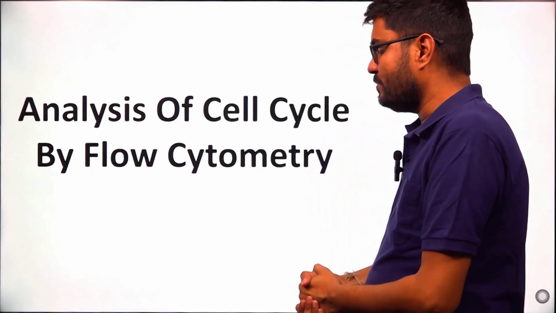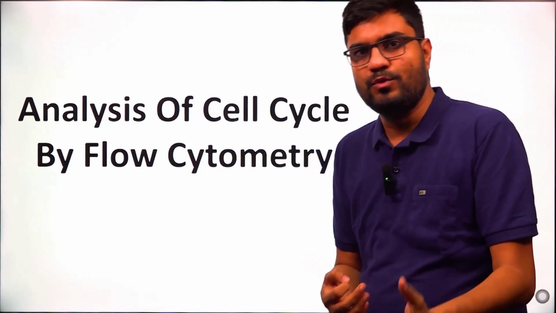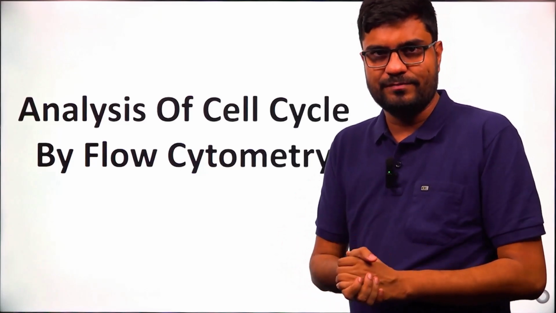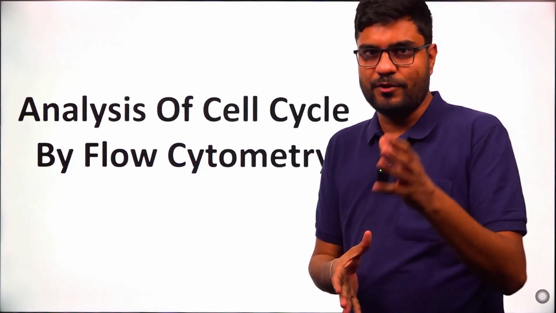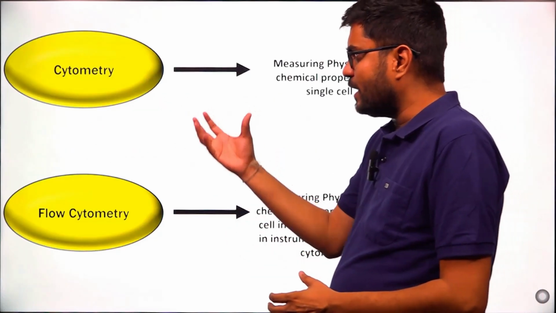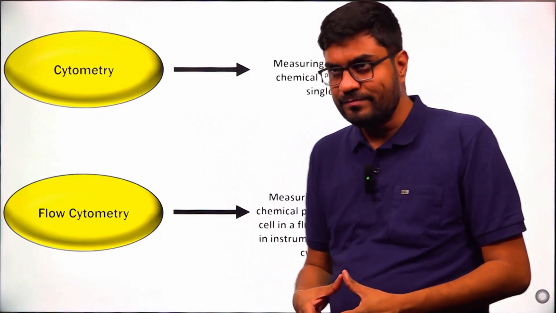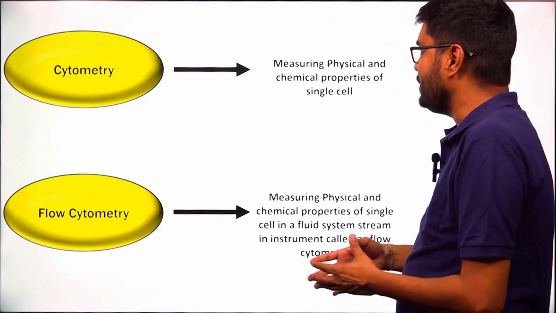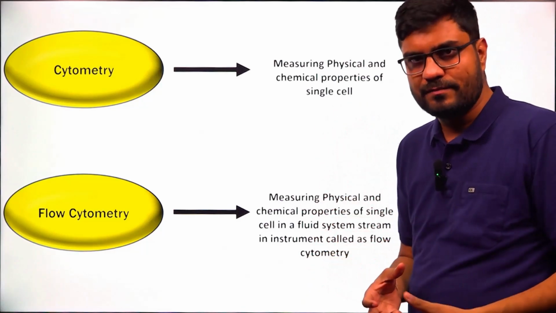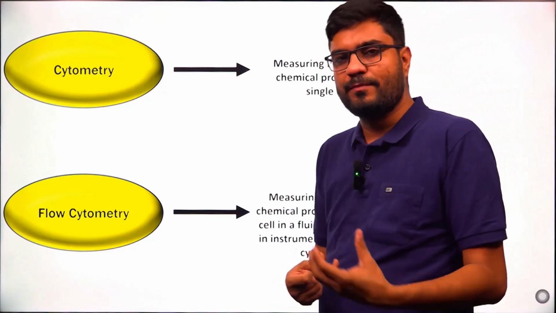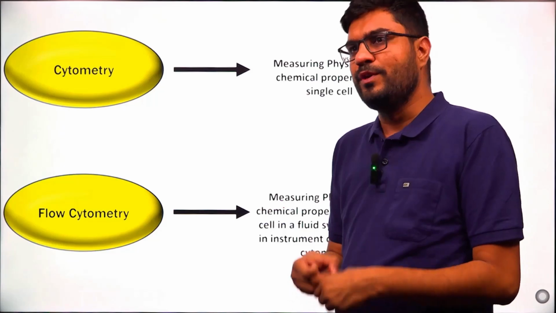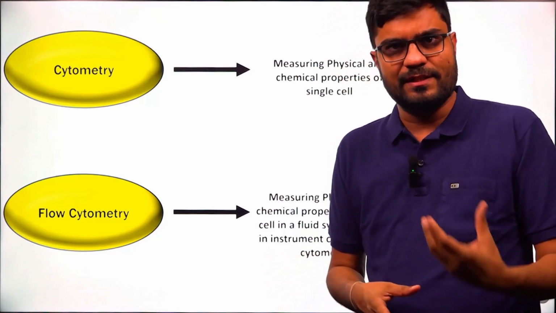Before jumping directly to cell cycle analysis, I will give you a brief idea about the basic principle of flow cytometry. The word cytometry is used when we are measuring physical and chemical properties of a single cell. What are the physical properties, what are the chemical properties, what are the proteins present in that particular single cell?